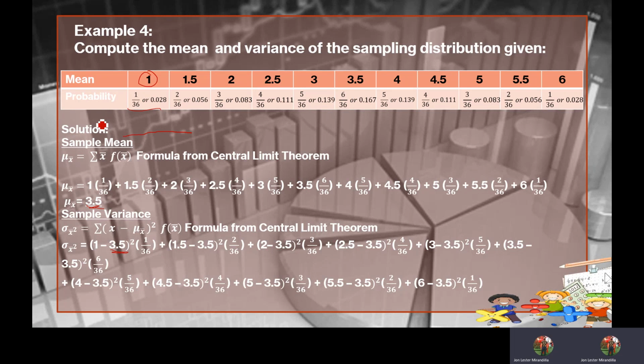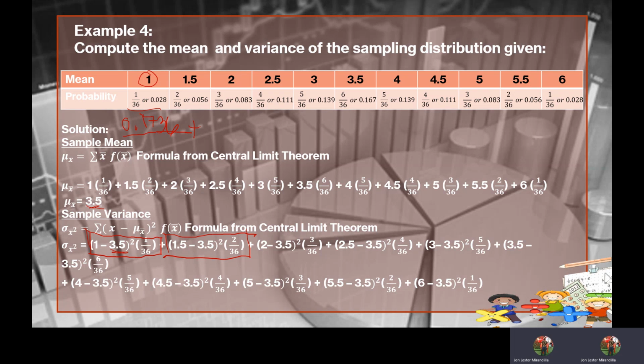So yung result dito is 0.1736. Ito yung result dito kapag in-input nyo siya sa calculator. Plus, dito tayo naman sa 1.5. 1.5 minus 3.5 squared multiplied by 2 out of 36. So 1.5 naman.